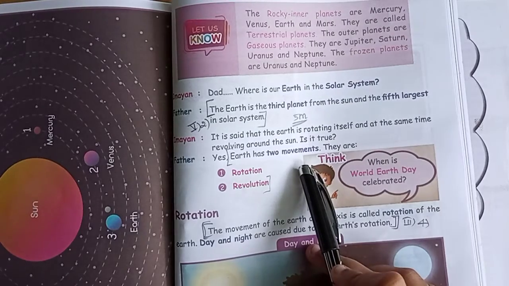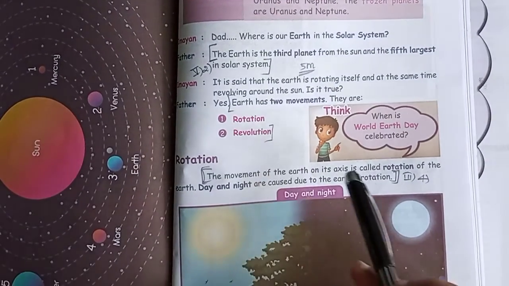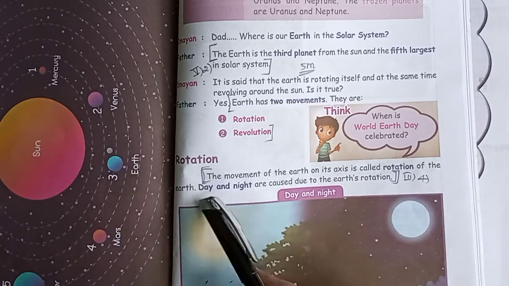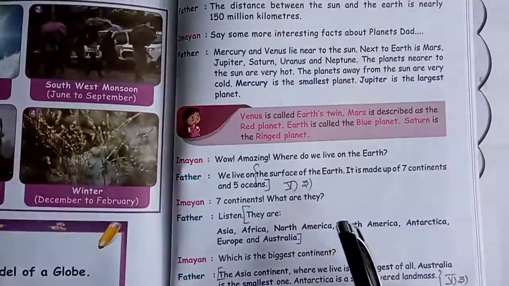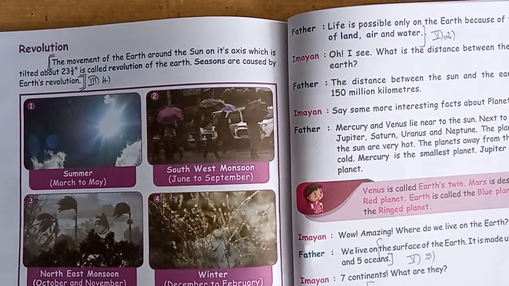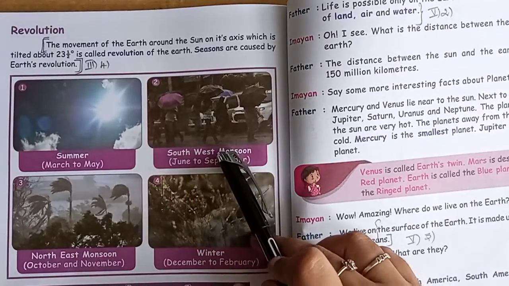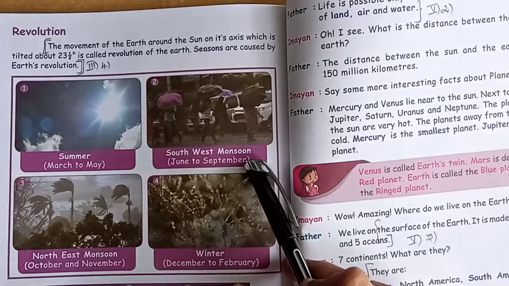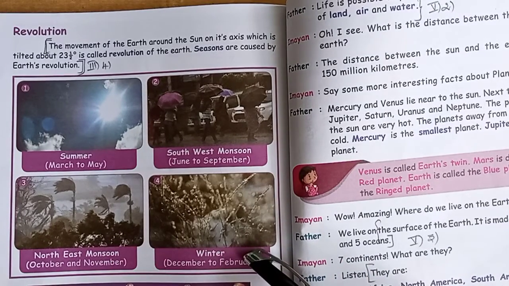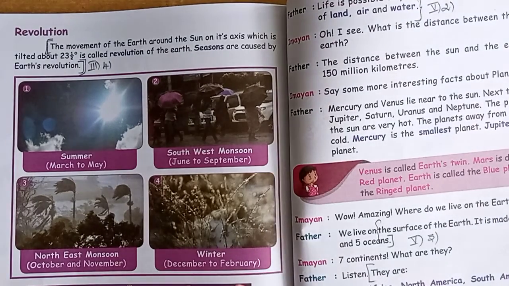Earth also has 2 movements, rotation and revolution. Earth's rotation causes day and night. Earth's revolution causes seasons to change. The examples for seasons are summer, southwest monsoon, northeast monsoon, and winter. We are in the southwest monsoon.